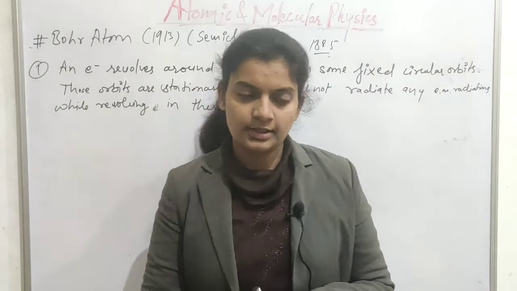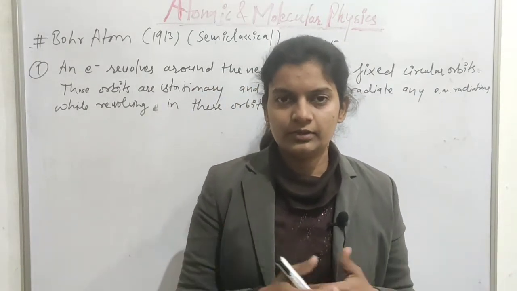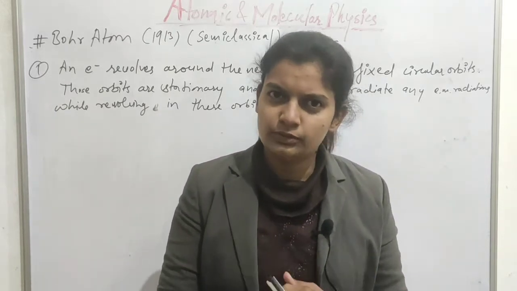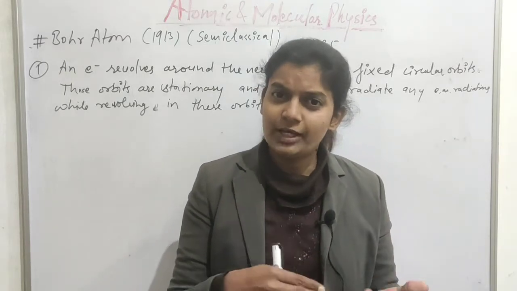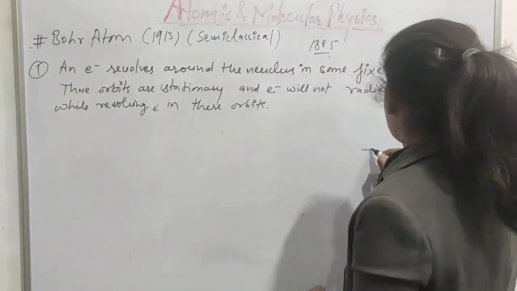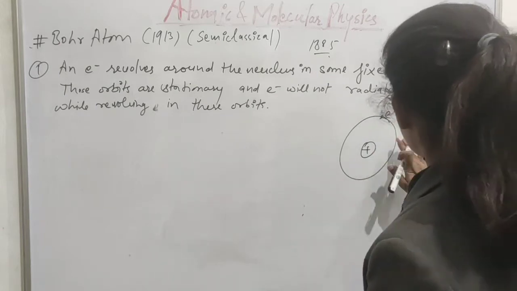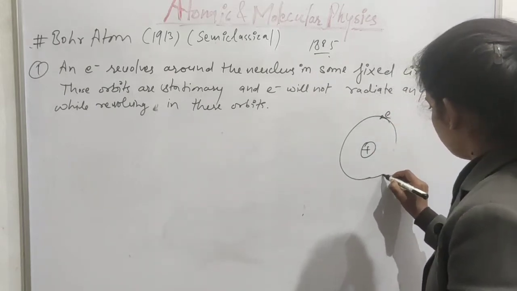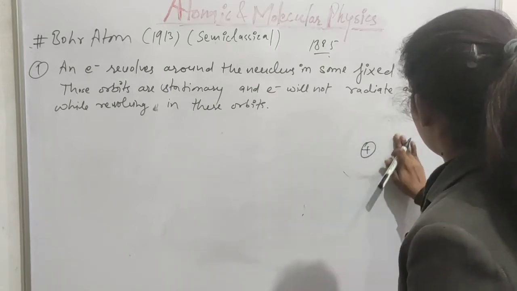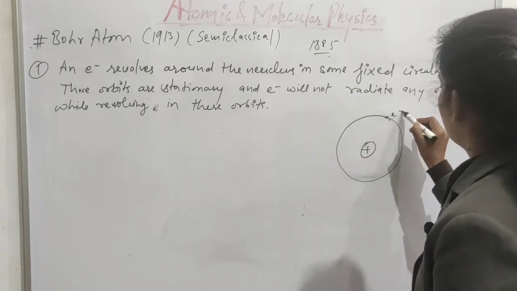As you know, classically, Rutherford gave a model in which the electron revolves around the nucleus, and the value of its radius could be anything, any possible value. Consider a positively charged nucleus and an electron revolving around it in a circular orbit. Let me try to make it a perfect circle.